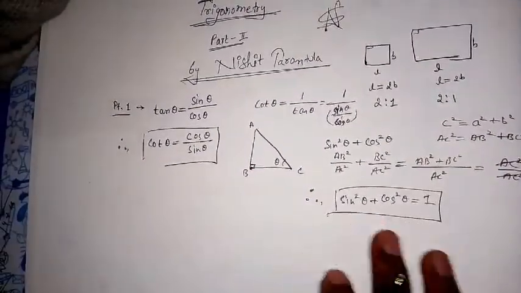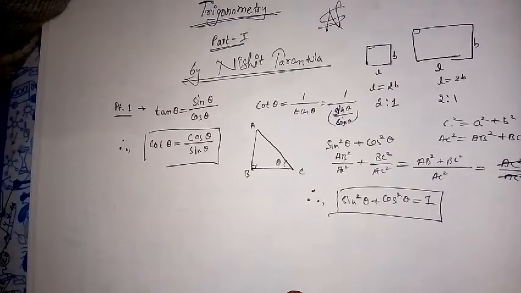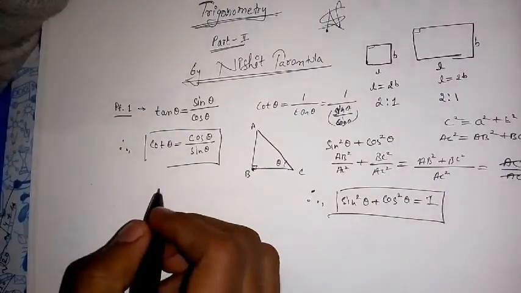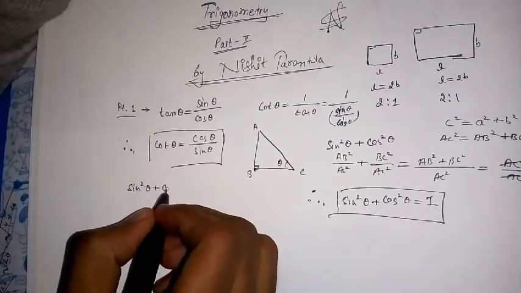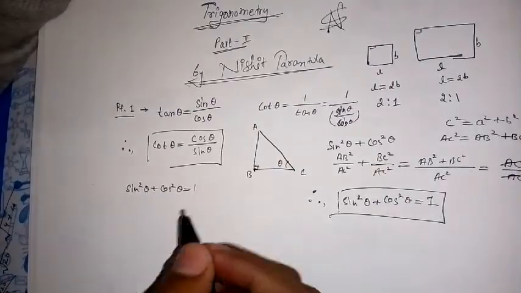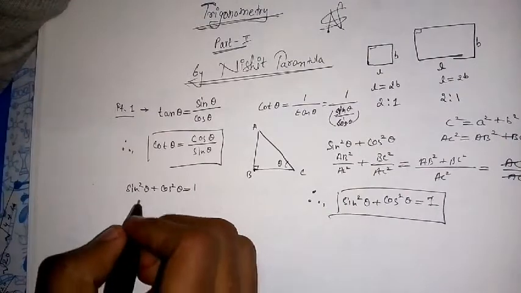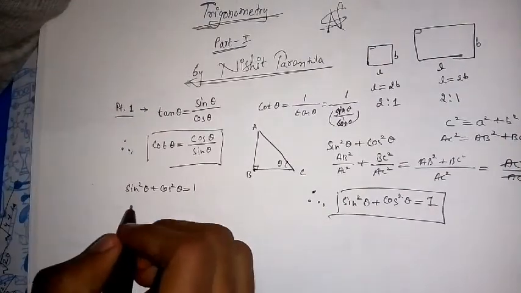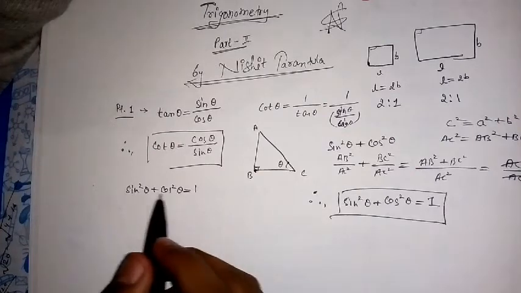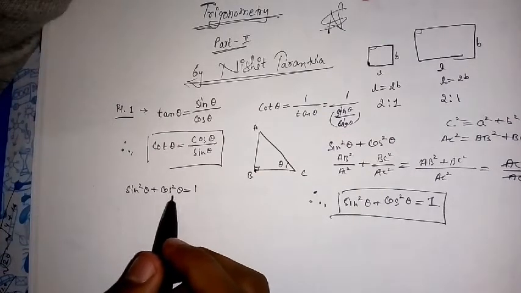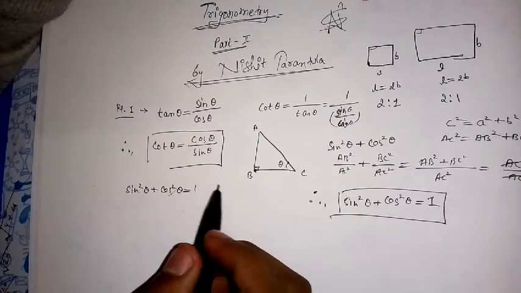Now we can use this identity to derive some more identities. Let's take an example here. We know that sine squared theta plus cos squared theta equals 1. If we want sine squared theta, we can subtract cosine squared theta from this side and from this side as well.